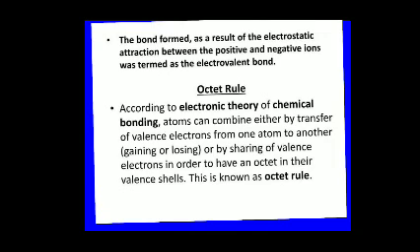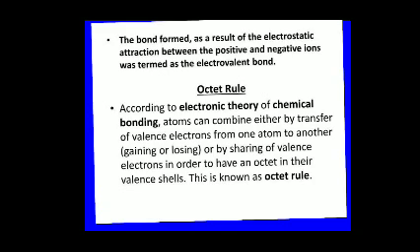This is known as the octet rule. What is the octet rule? A rule which states that an atom must possess 8 electrons in its valency cell for stability is called the octet rule.